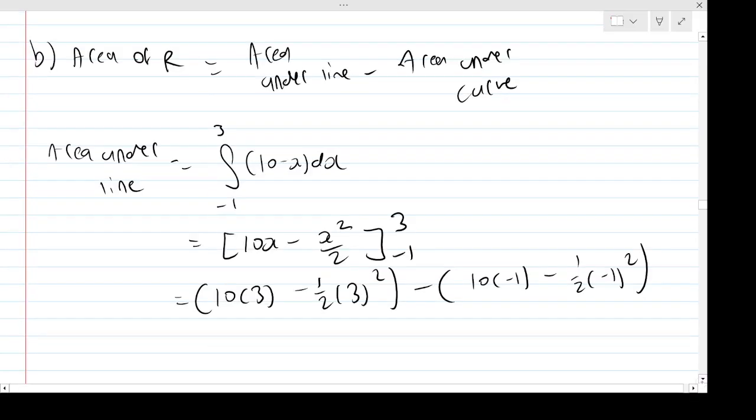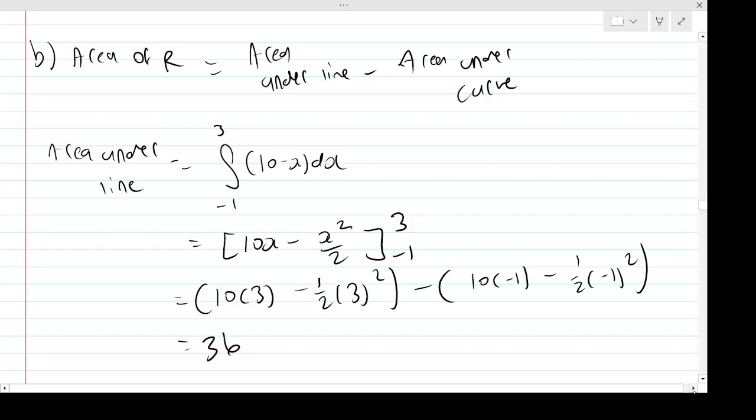I've just put that in the calculator, and I get 36. Okay, so that's the area under the line.